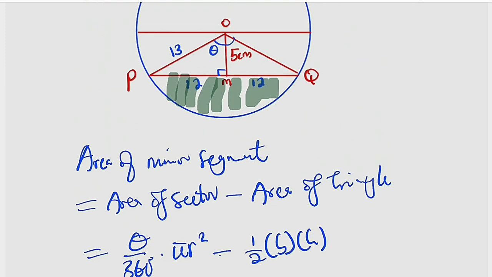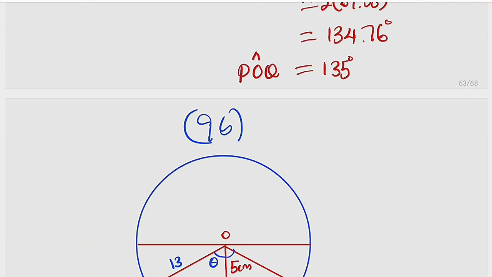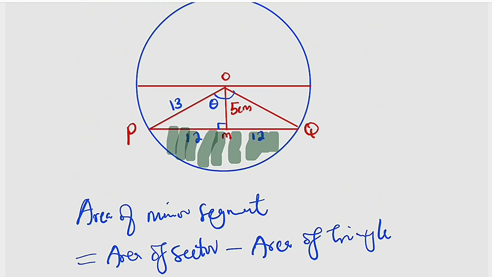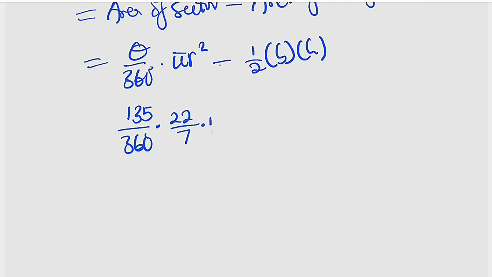So the angle subtended by that sector is what we have just obtained as 135. So we have 135 divided by 360, multiply by pi. They say we should use 22 divided by 7, and the radius is what? 13, right? So we have 13 squared minus the area of triangle, which is half.